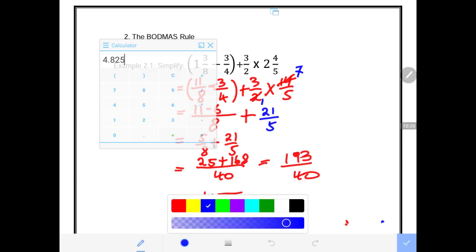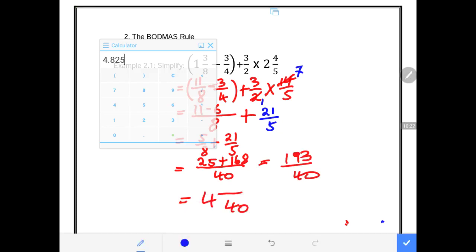So let us check how we can simplify this in the easy way. If 40 into 193 goes 4 times, that means there will be a remainder. We can say 40 times 4, and see how much, it is 160. The remainder will be 193 minus 160. That is the remainder it leaves. That means it will leave a remainder of 33. Very easy now. You say 193 divided by 40.